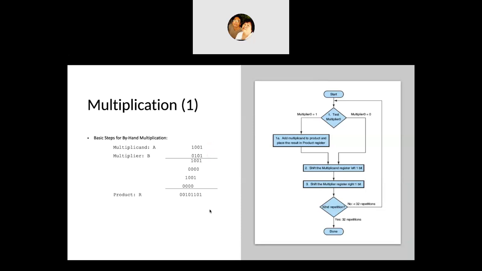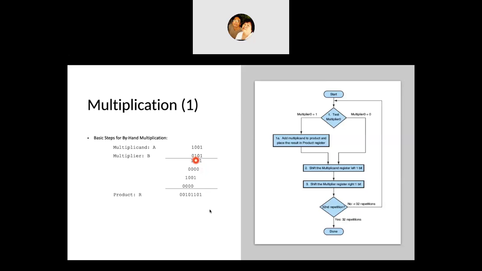We can do it by hand. This is quite obvious. When we have 1 by 1001, we get 1001 there. Next, we go to the next bit, which is 0. 0 multiplied by anything, we get all zeros.